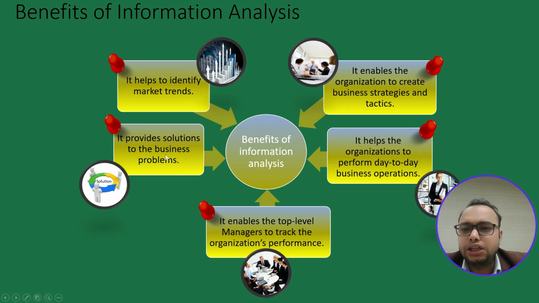Second is provide the solution to the business problem, right? If I'm doing the information analysis, that will provide the solution for your business, meaning you are able to operate your business easily. Next one is enable the top level manager to track the organization performance.